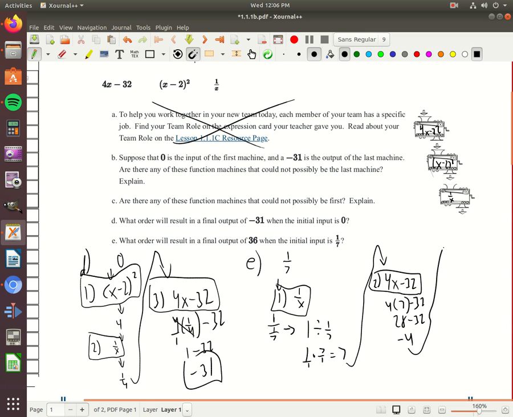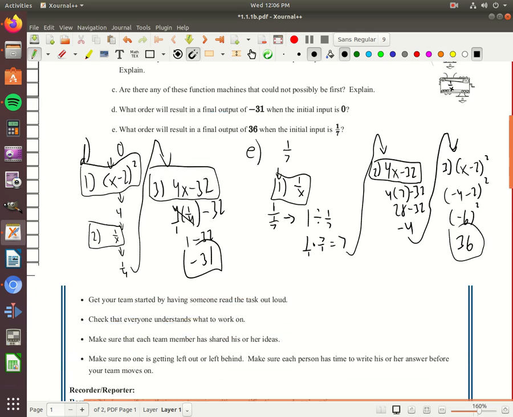And then I'll take that negative 4 and I will plug it into the third machine. That third machine will be the x minus 2 squared machine. So I will get negative 4 minus 2 squared. I will get negative 6 squared, which is 36, which is what we were looking for. So on D, first machine, second machine, third machine, and on E, first machine, second machine, third machine.